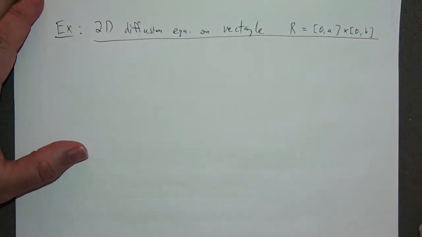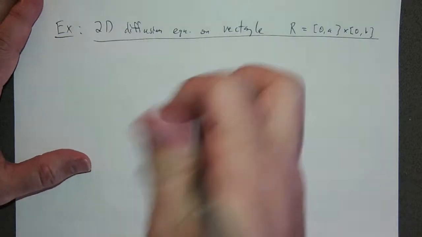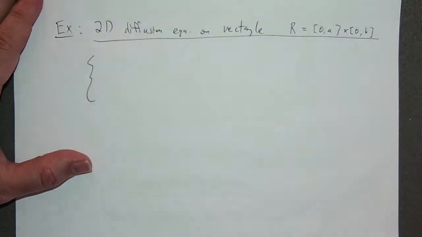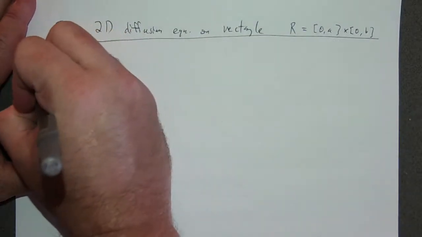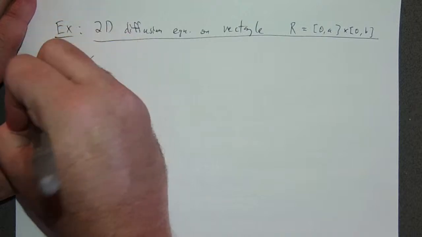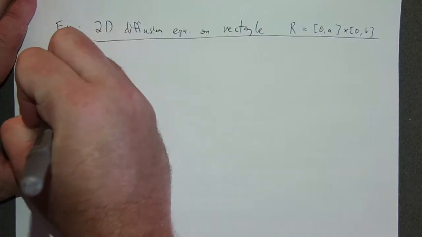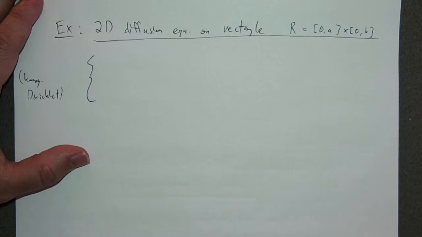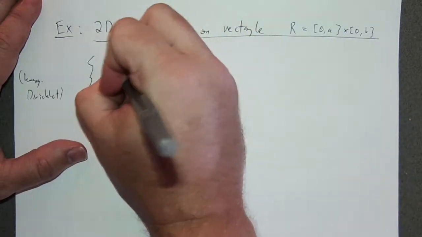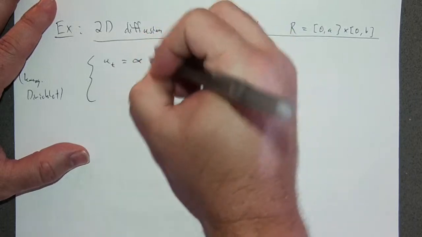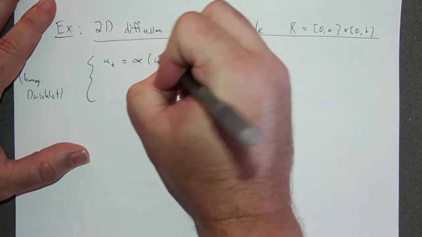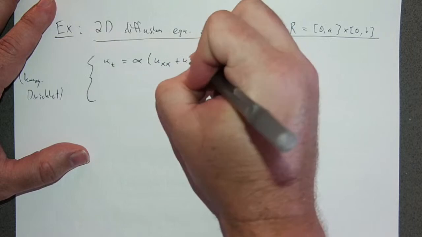Let's prescribe homogeneous Dirichlet boundary conditions here to make this easier. So here, u sub t is equal to alpha times the Laplacian of u, which is uxx plus uyy.